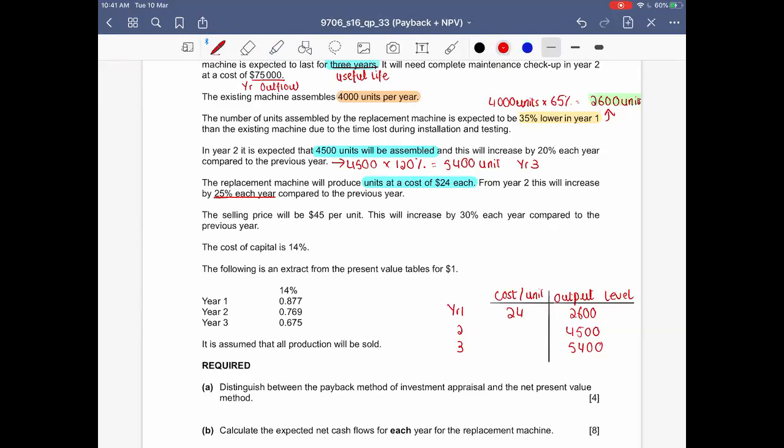Right, so what are our outflows? In the first year we have 24, then it increases by 25%, that is 30. And then the cost of 30 increases by 25%, 30 into 1.25, that is going to be 37.5.